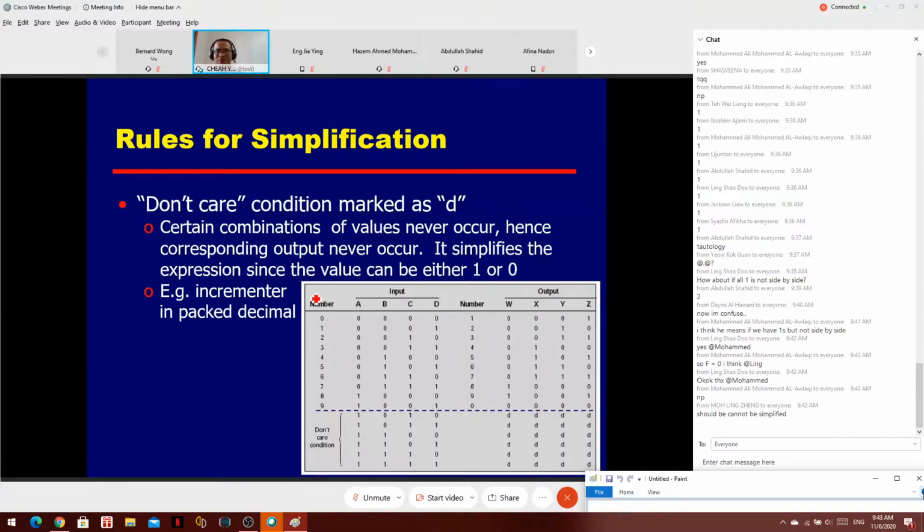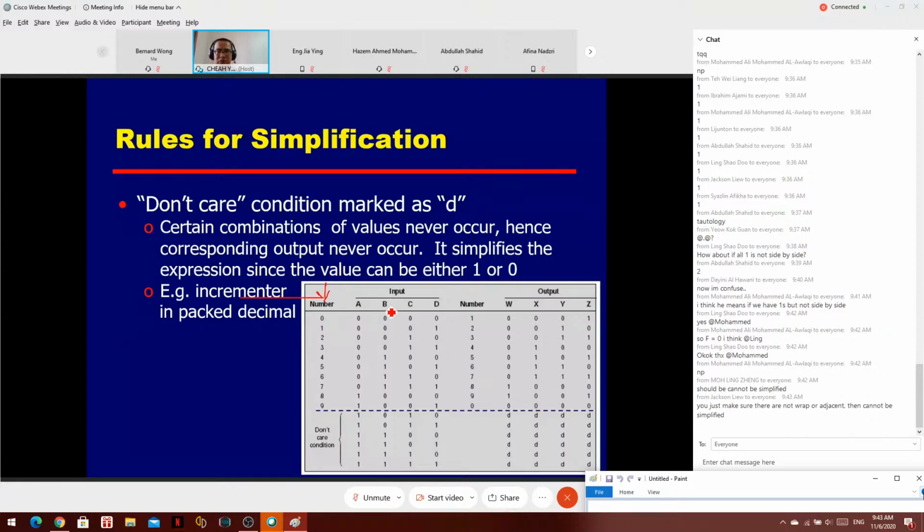Okay, let's look at the truth table here. In this column, we want to represent certain digits. This input pattern, for example 0, 0, 0, 0, we want it to represent the decimal digit 1.